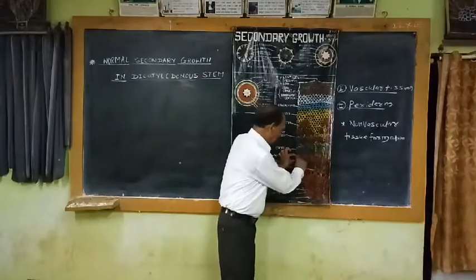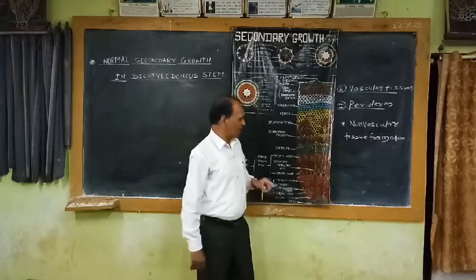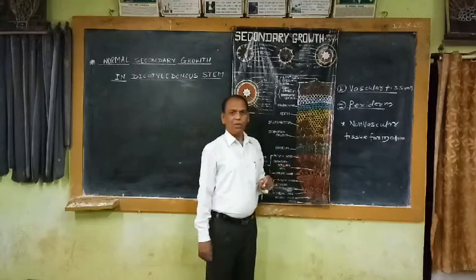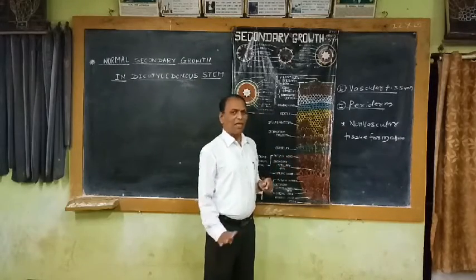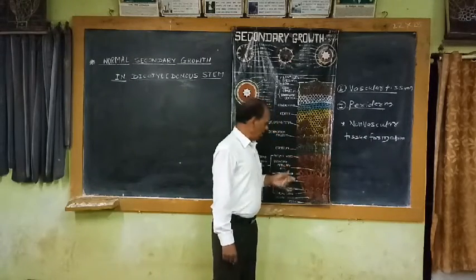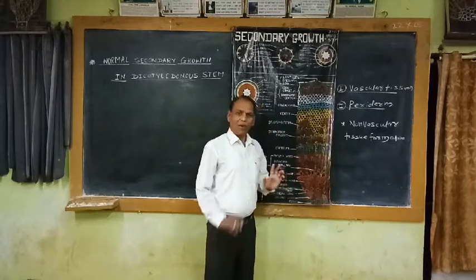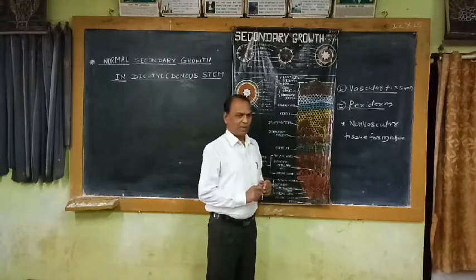So this small band of secondary xylem is indicative of the secondary xylem cells produced by this cambium during winter season, that means autumn season. So this is known as autumn wood, this is known as spring wood. That means this autumn wood and spring wood are produced by the cambium in 1 year.